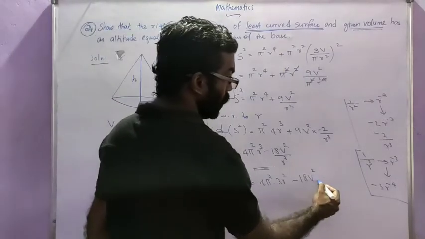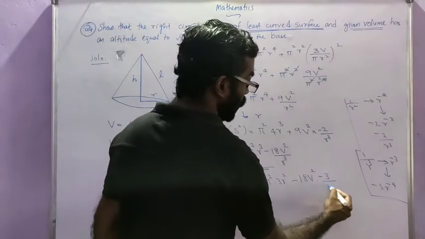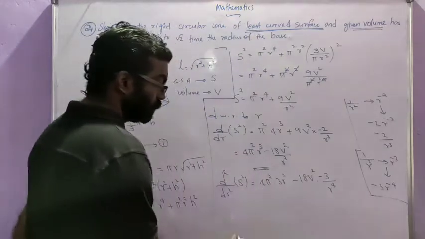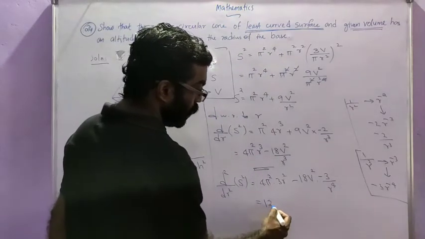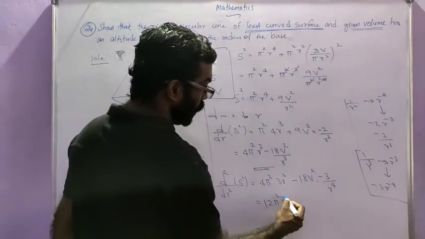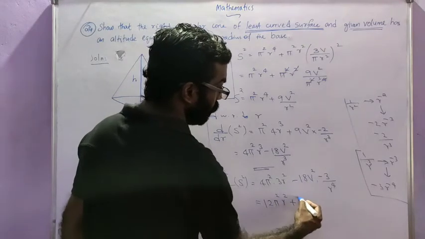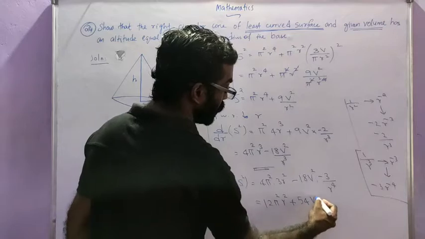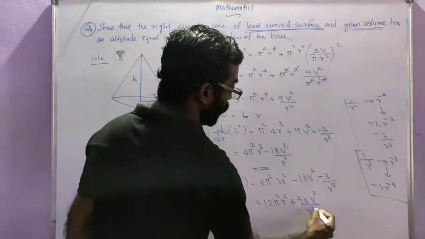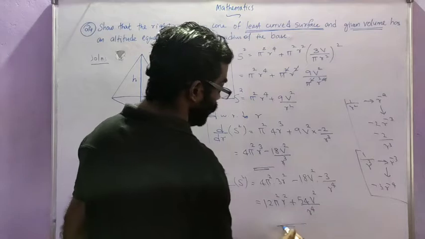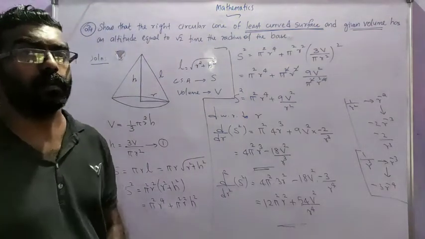That can be written as minus 3 divided by r raised to 4. That is 12 pi square r square, minus into minus plus, 18 into 3 is 54 v square divided by r raised to 4. This is the second order derivative.